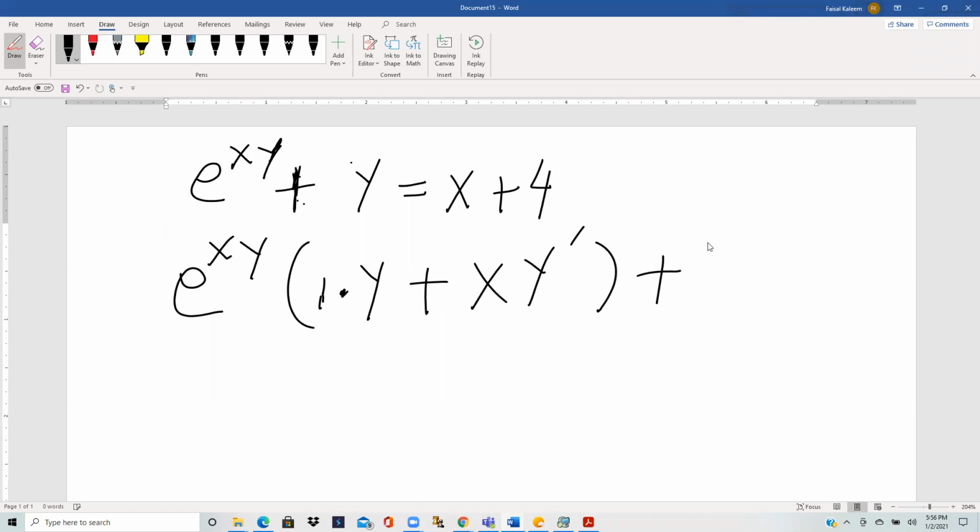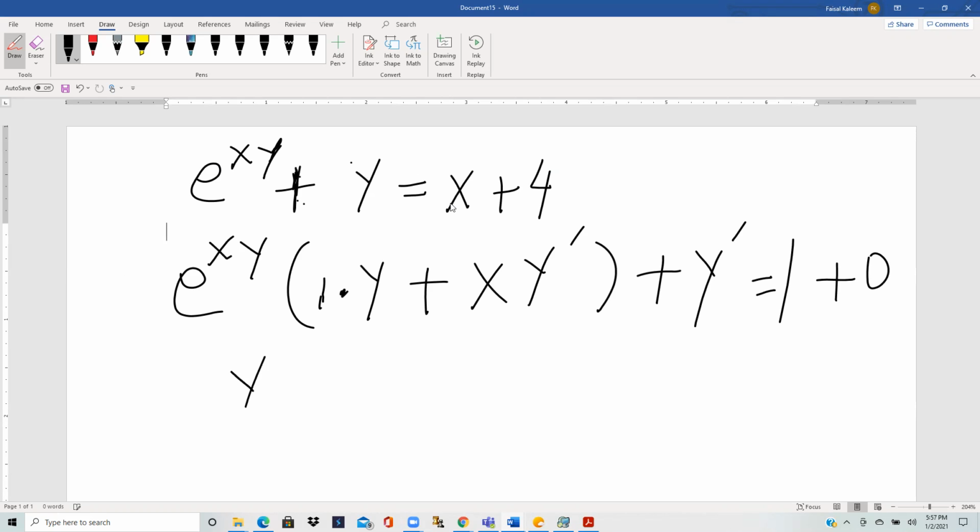Plus, so this all was the derivative of e to the xy, and then plus the derivative of y will be y prime equals, on the right hand side I have x, the derivative of x is 1, and the derivative of 4 is 0. And then we can distribute this.